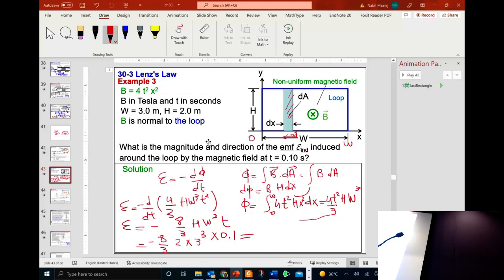In order for it to be out of the page, the current has to be like this. So the current is going to be counterclockwise. B induced is out of the page, and the induced EMF is in the counterclockwise direction.